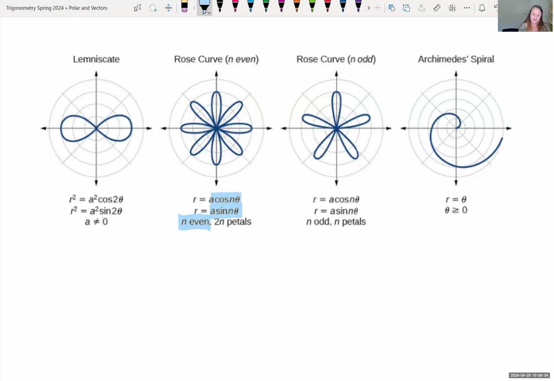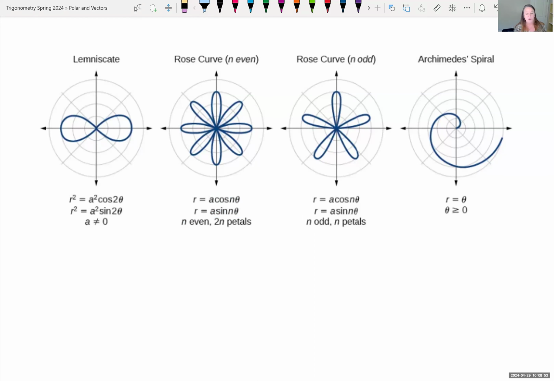Where if n was odd, that was the number of petals you had on that rose. And then we have an Archimedes spiral, I'm not sure if I'm pronouncing these names correctly, if r is equal to theta where theta is greater than or equal to 0.